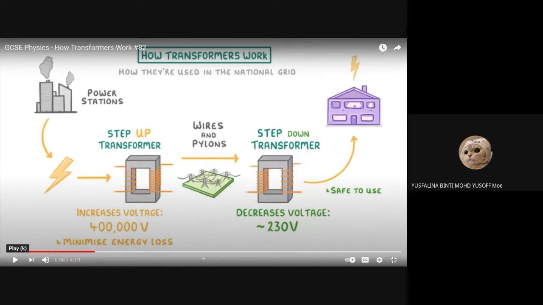So if you travel to another country, you have to check what their voltage is. Let's say the voltage they use is 250 volts, and you use your rice cooker there.